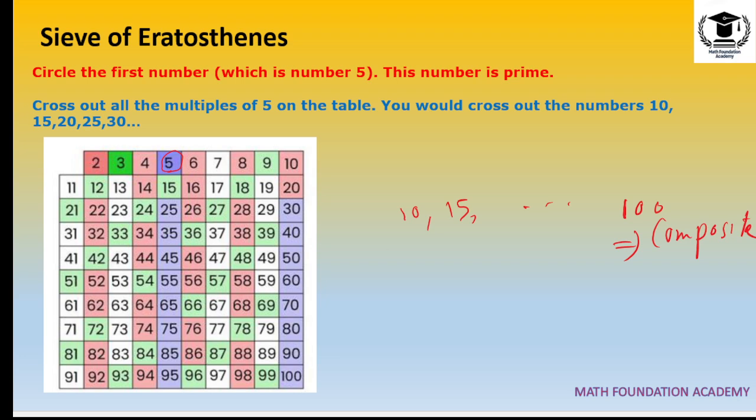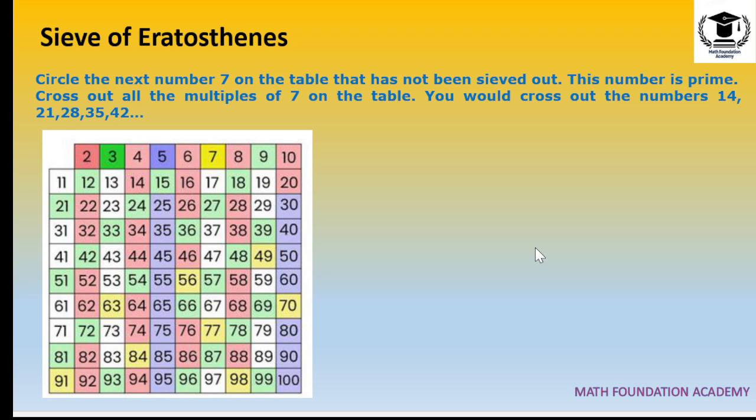Now this slide repeats the same thing for the multiples of 7. So 7 is circled and all the multiples of 7 will be removed from here. So basically 14, 21, 28. These are all composite numbers.